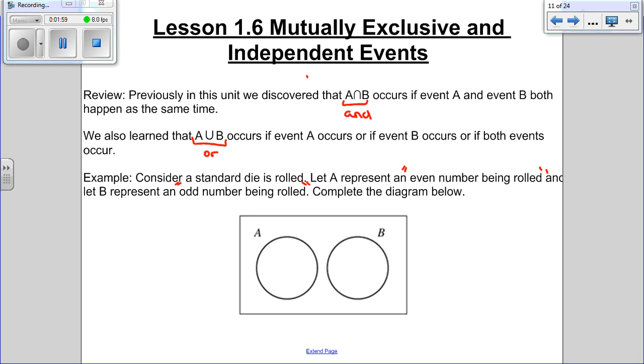So for group A, what could you roll that would be an even number? 2, 4, 6. Correct? Those are the even numbers. If you rolled event B, that means you rolled an odd number. So that means you rolled a 1.